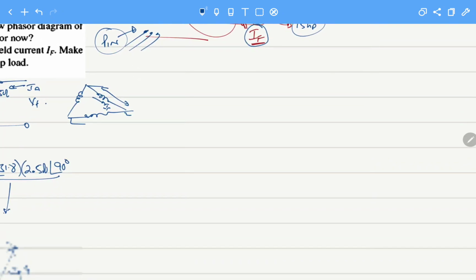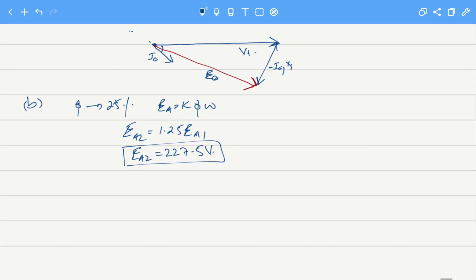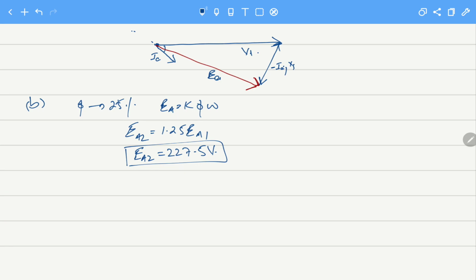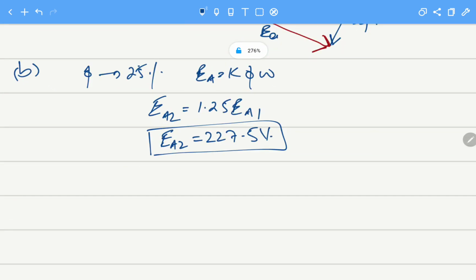So we can say that the power that was being drawn for case 1, that was P case 1, is equal to P case 2. So the power that was being converted by the machine for case 1 was 3 V terminal EA1 over X of S into sine delta 1, which equals the same expression for case 2.